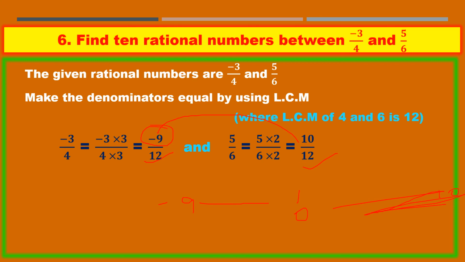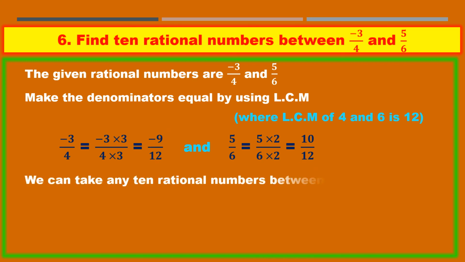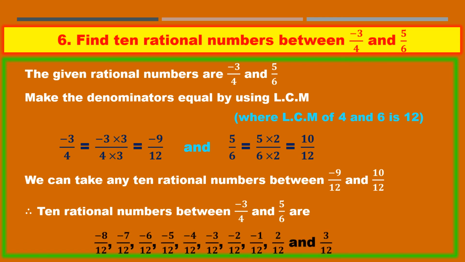So you can pick any 10 rational numbers between them, like this. I took minus 8, minus 7, minus 6, minus 5, 4, 3, 2, 1 and 2, 3. If you write 10, that is enough. You can pick 10 rational numbers between them.